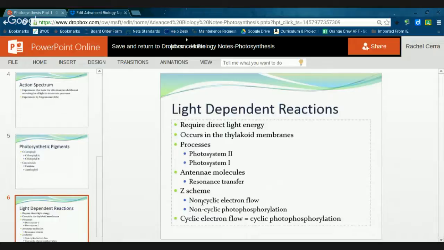Your antenna molecules are coming off of that chlorophyll A, P680. They're just different types of chlorophyll A or chlorophyll B molecules. Collectively they're known as antenna molecules because they're not actually going to do the chemical reaction. Their main purpose is just to pass along the light energy. That's it.